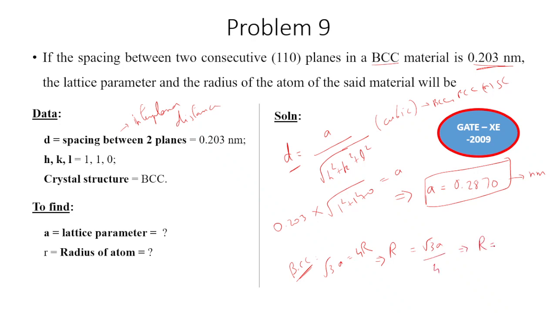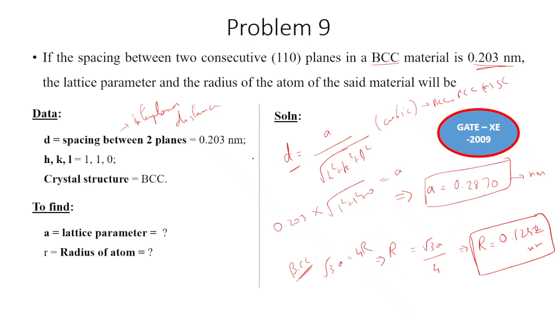Can you tell me what the r value is? 0.1242. Exactly, 0.1242 nanometers. Up to 4 decimal places is enough. Very good, this is the answer.